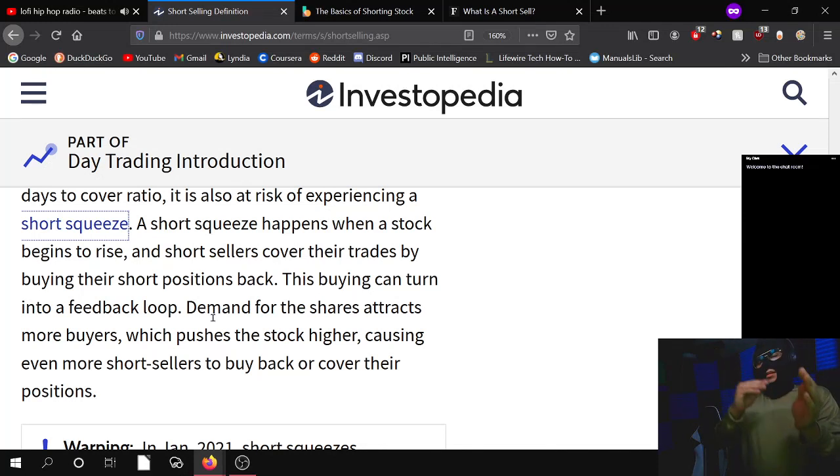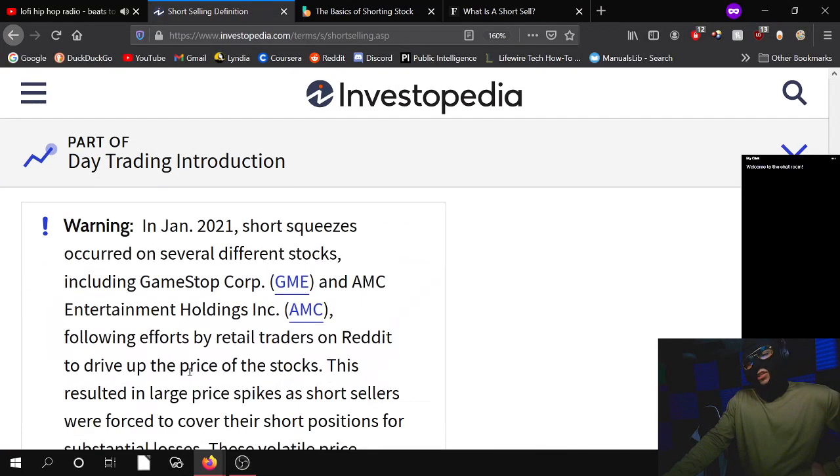Demand for the shares attracts more buyers, which pushes the stock higher, causing even more short sellers to buy back or cover their position, which can create a vicious cycle.